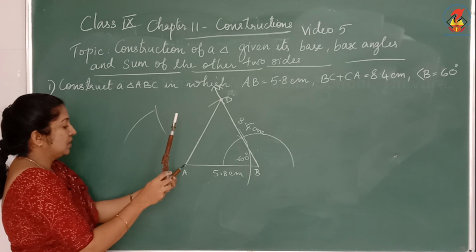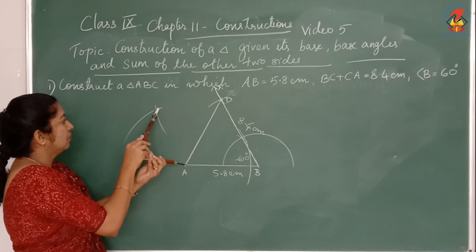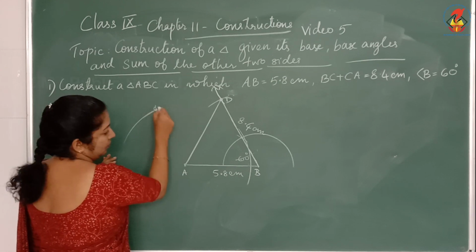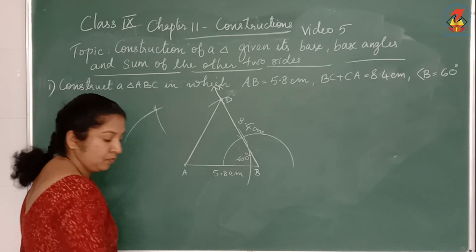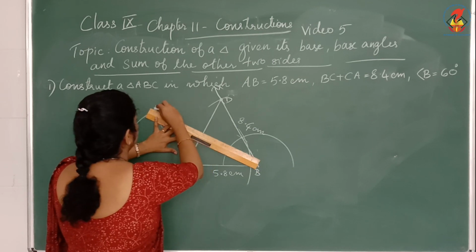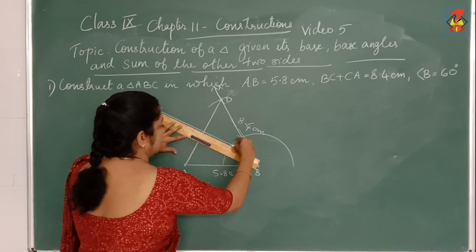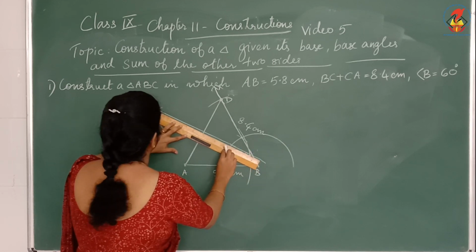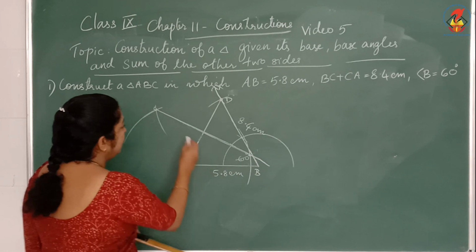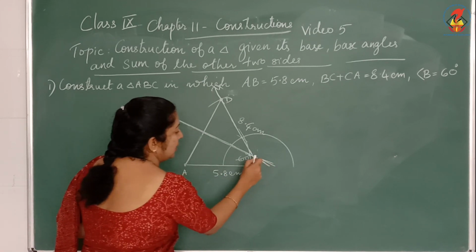So we have to extend the other one. Join these two, draw the perpendicular bisector.